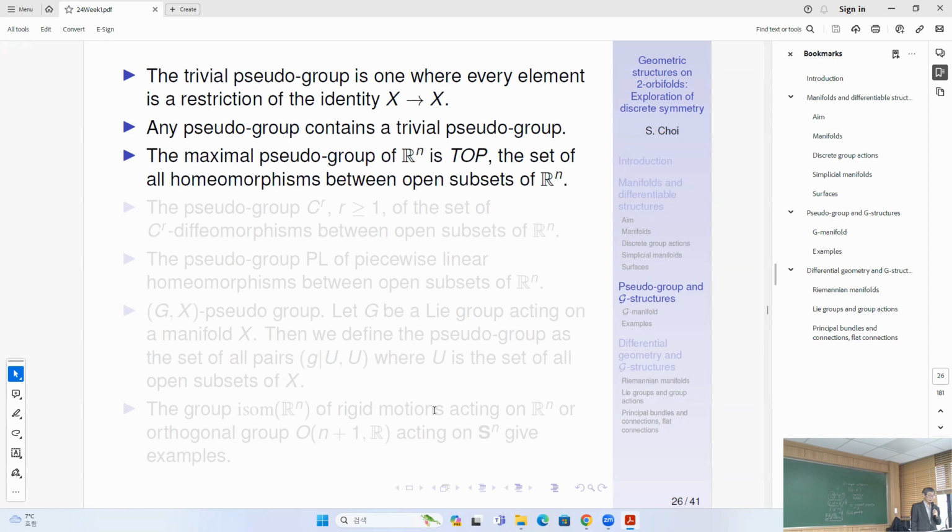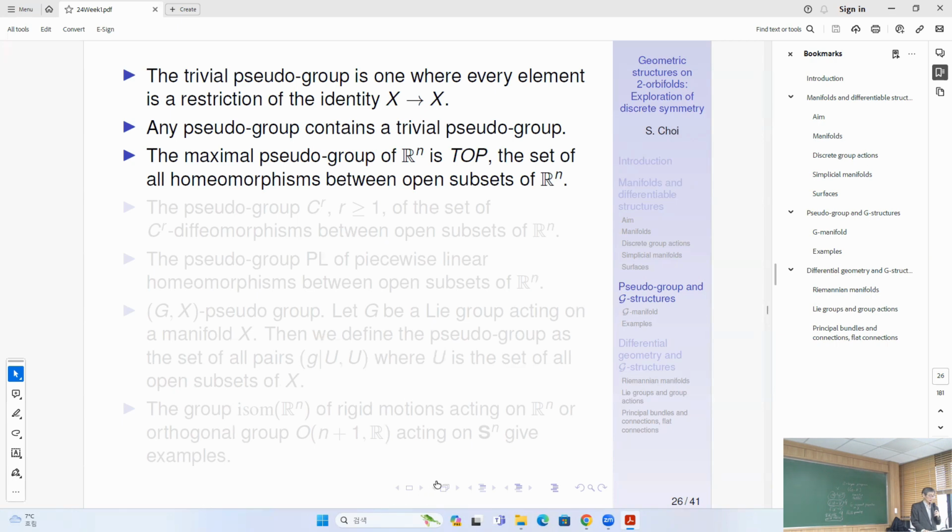The maximal pseudogroup in Rn is Top, the set of all homeomorphisms between open subsets of Rn.